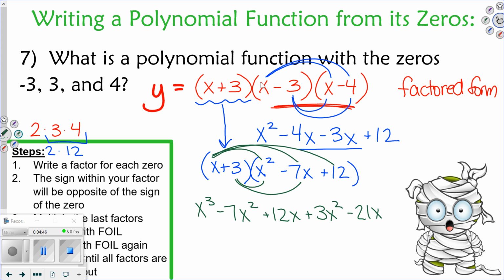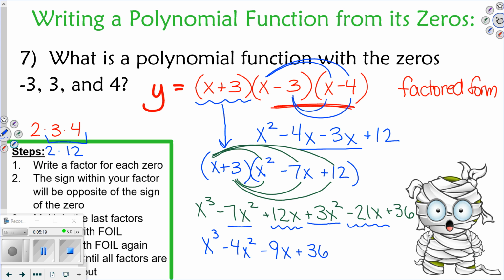And then 3 times 12. 36. And then what do I do to finish it? Put my like terms together. All right, so I have an x cubed. And then I have some x squared, so negative 7x squared plus 3x squared, negative 4x squared, 12x minus 21x, negative 9x, and then plus 36.